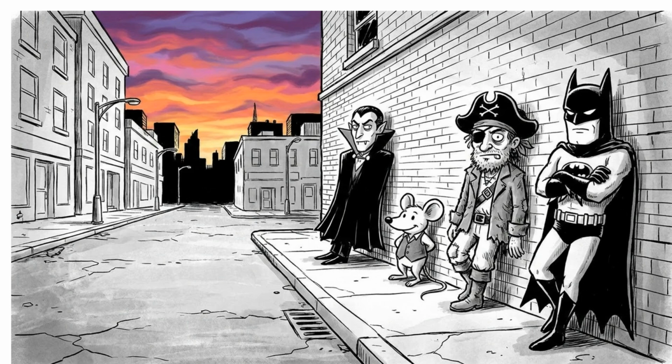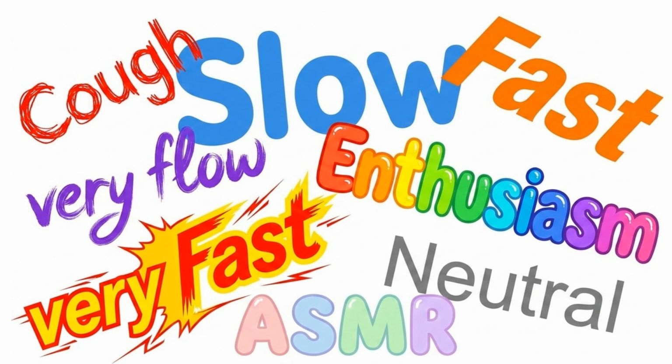Look up in the sky. The bat signal. Or you can change to the voice delivery. This is an example of ASMR. Back to neutral speech, or speed up the delivery of the speech to very, very, very fast. Conversely, slow it down. A good tool to emphasize a point, possibly very slowly. Excuse me, I did not mean to cough.